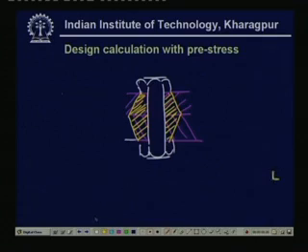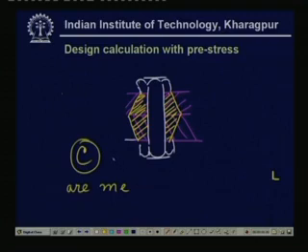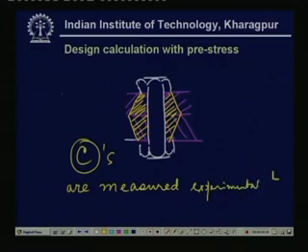So what we are going to see now is C, which is measured experimentally. In the next slide, we are going to see the various values of C for various kinds of joints.